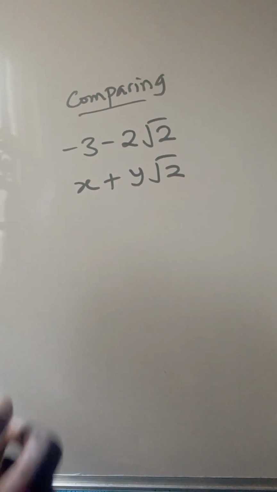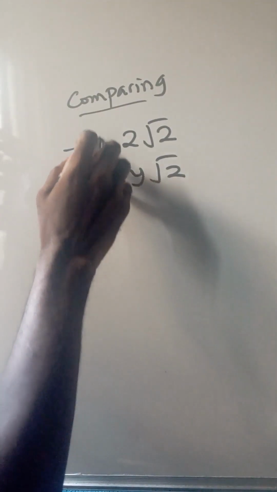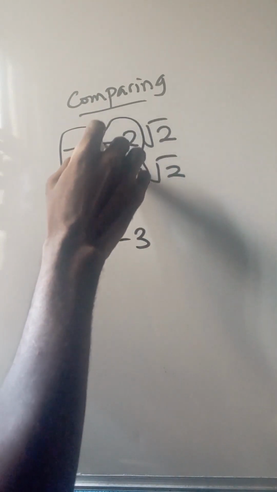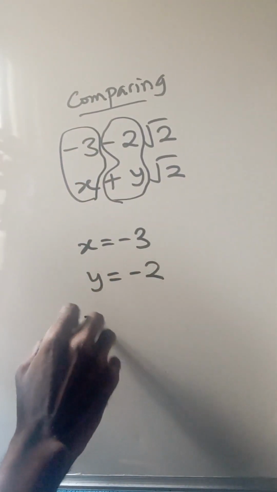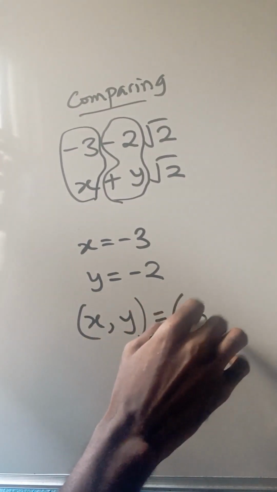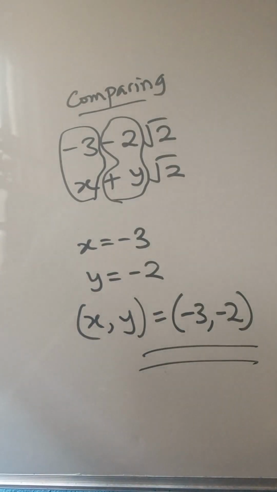Comparing to get our x and y, x here stands for minus 3. And y here stands for minus 2. So our x and y values are minus 3, minus 2.